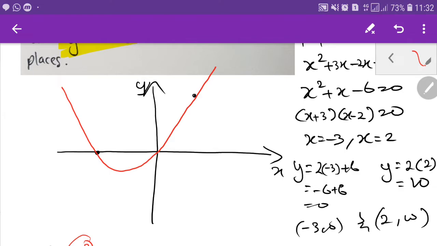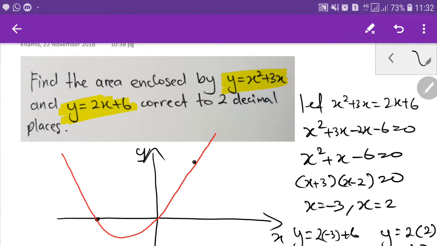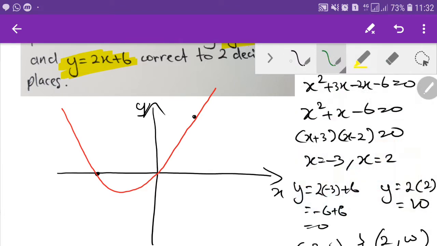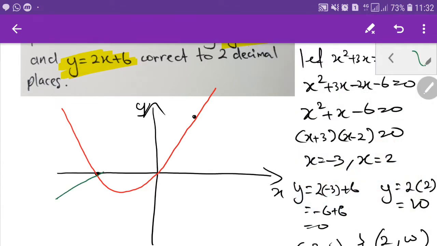Then the straight line 2x plus 6 goes through 6 on the y-axis. So maybe I just draw a green line going from here to here. Perfect.